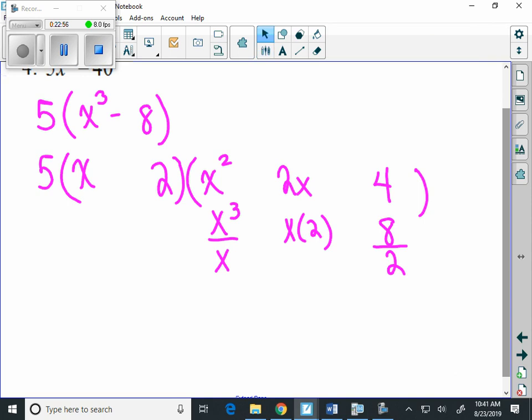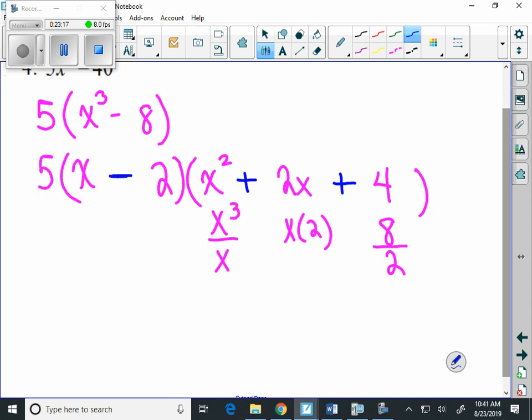And then we can finish by putting in our signs. Same sign. Opposite sign. Always positive. And now we factor.